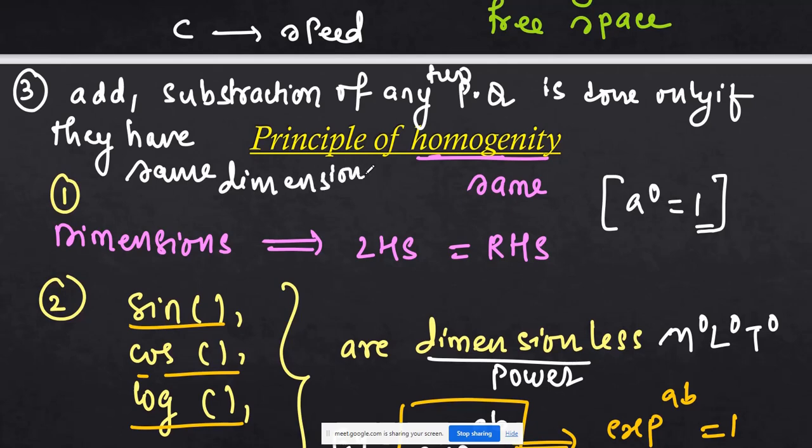If they don't have the same dimensions, addition and subtraction are not possible. They must have the same dimensions, then only can we do these arithmetic operations.